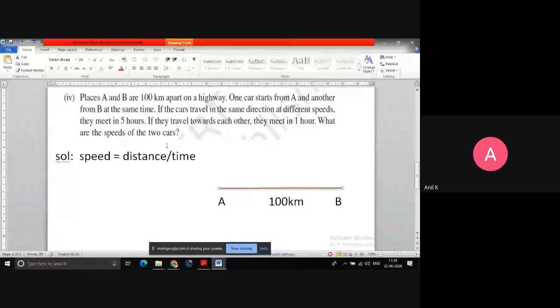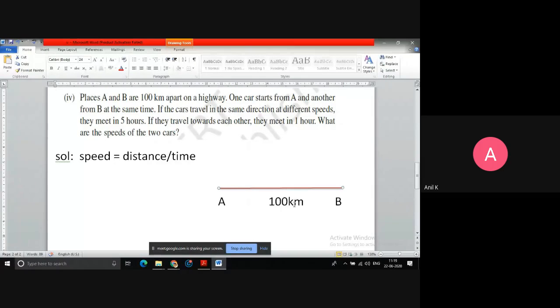You go step by step when you are solving word problems. I stop here, draw a line with the two points A and B, and the distance between them is 100 kilometers.